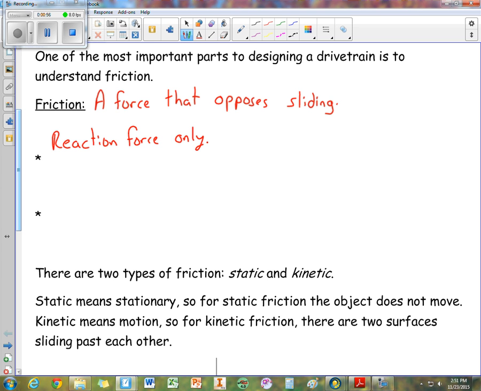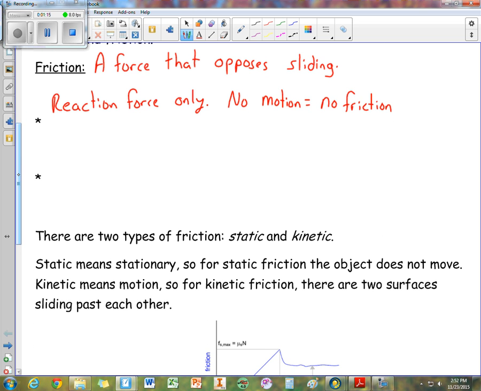So, if an object is not trying to move, there will be no friction. Secondly, it only happens when we have two surfaces in contact.